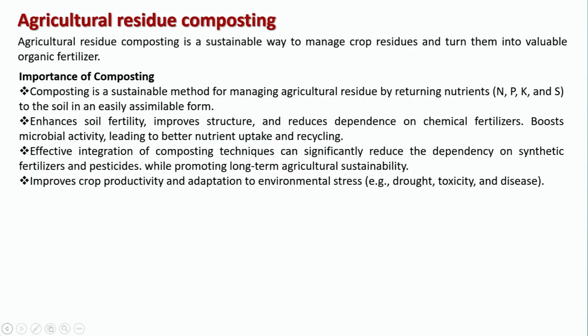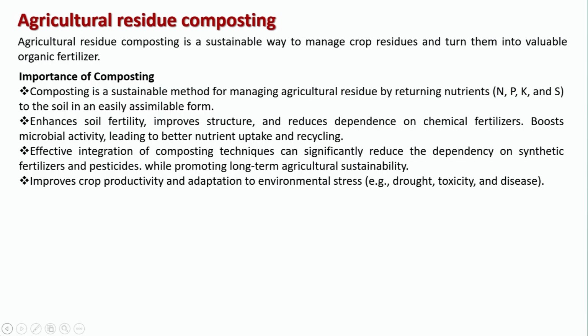It also enhances soil fertility, as I mentioned a number of times, improves soil structure and reduces dependence on chemical fertilizer, which is very important because chemical fertilizers are all energy intensive. It is going to boost microbial activity, leading to better nutrient uptake and nutrient recycling. Effective integration of composting techniques can significantly reduce the dependency on synthetic fertilizers.